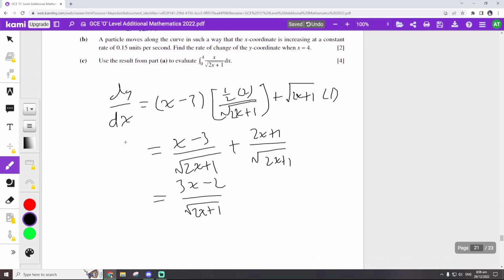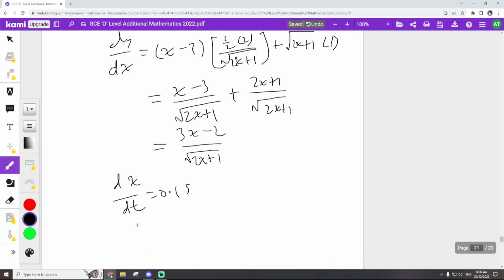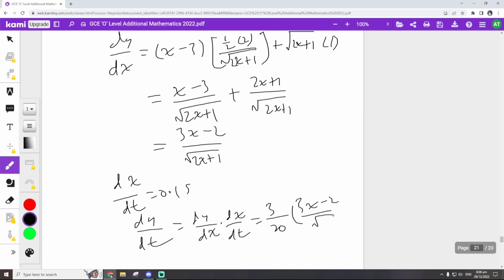A particle moves along the curve in such a way that the x-coordinate is increasing at a constant rate of 0.15 units. Okay, find the rate of change of the y-coordinate when x is 4. So I'm given dx/dt is 0.15. So really, dy/dt is just dy/dx times dx/dt, which is 3 over 20 times (3x minus 2) over root 2x plus 1.